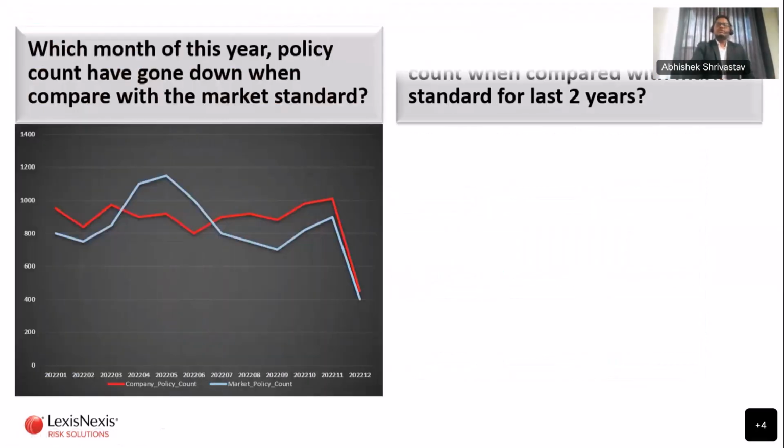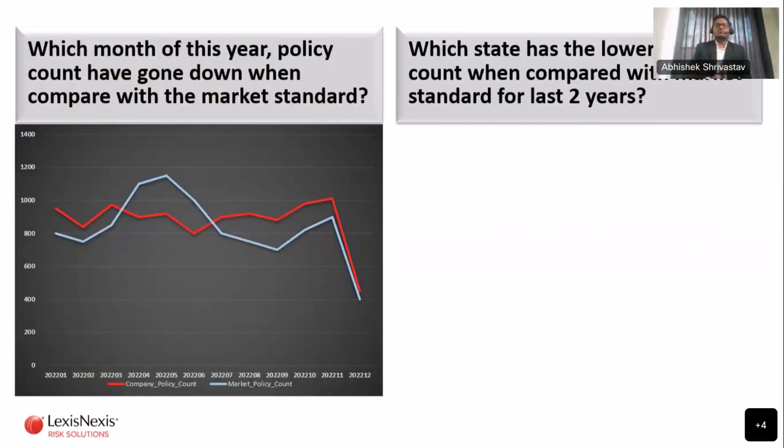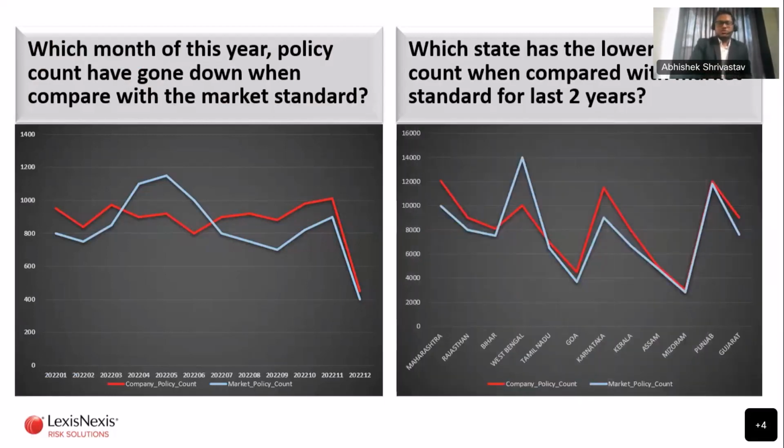So now, can we get an insight on top of the state as well, that in which specific state the policy count is not up to the mark, is not matching with the market standard and is going down, so that the sales team can focus on that specific state and come up with some strategy or options so that they can have a high policy sell count in that specific state?